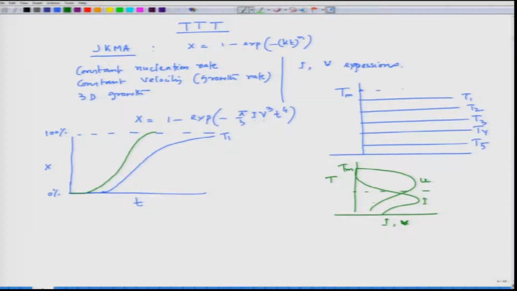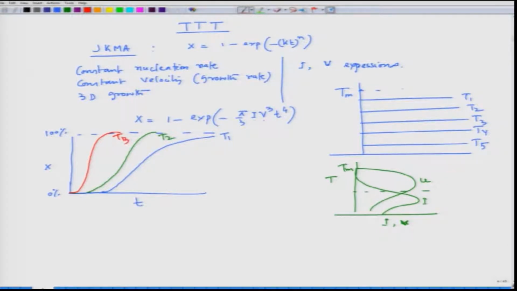That means we have sufficient growth rate as well as nucleation rate, and the system would start a little early. The plot would be like this. This is T2, this is T1, sorry, T3.